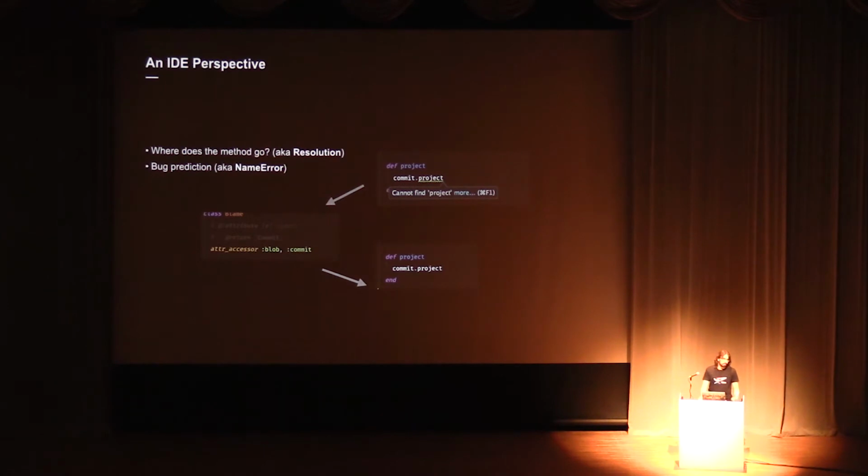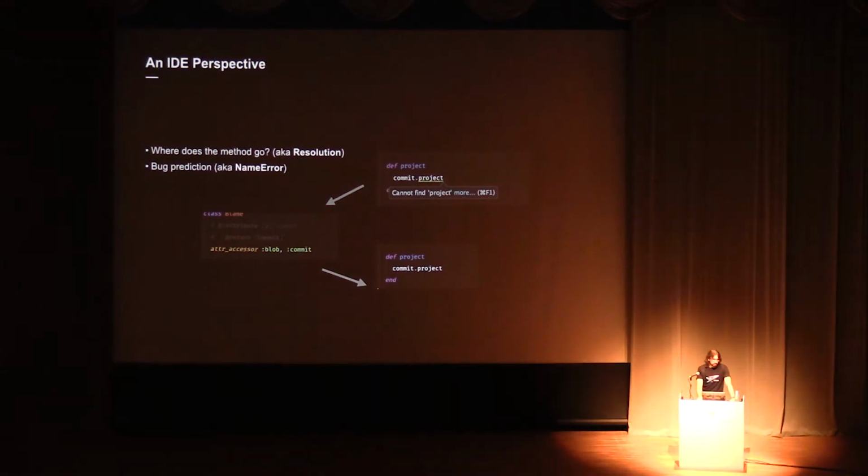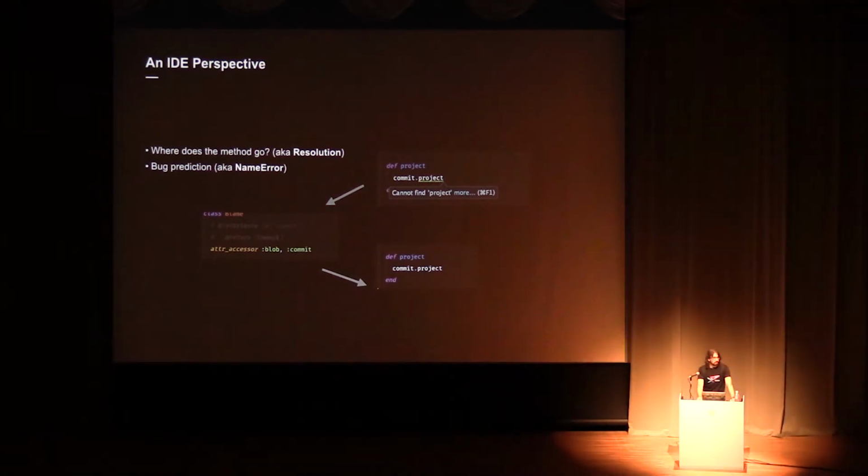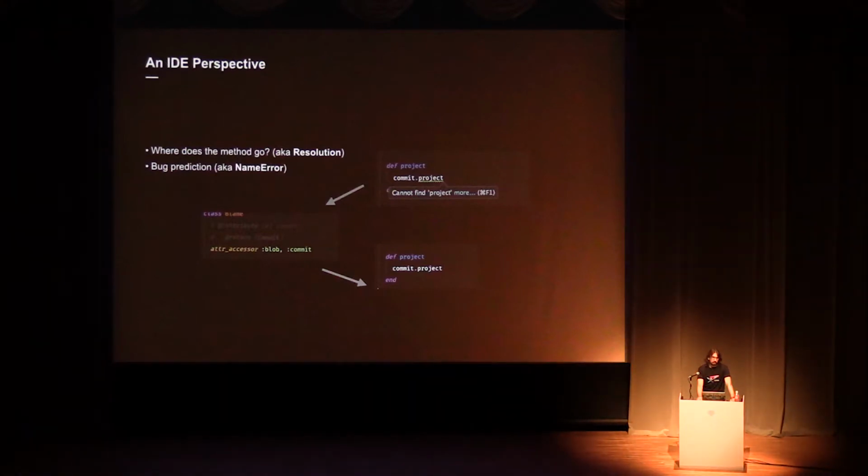Let's then annotate the property with the YARD annotations, and then everything's okay. So there may be false positives if we don't know the types. If there are so many false positives, the whole static analysis thing becomes useless.